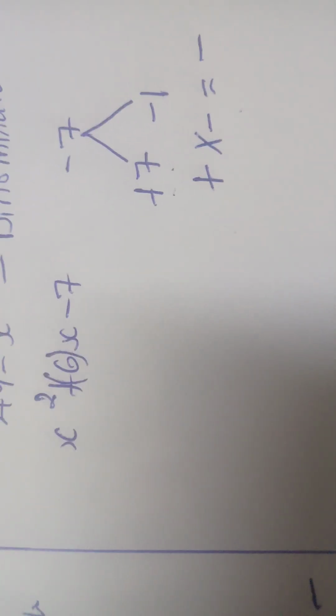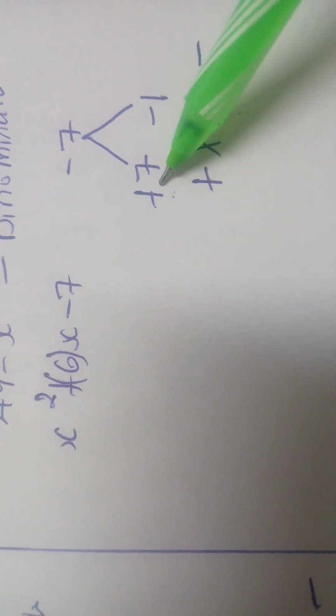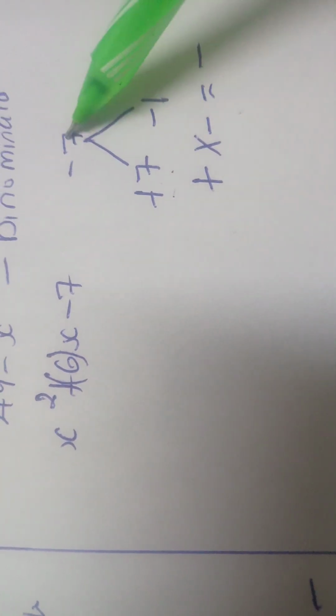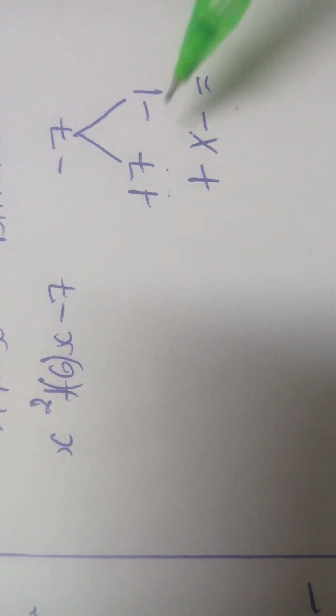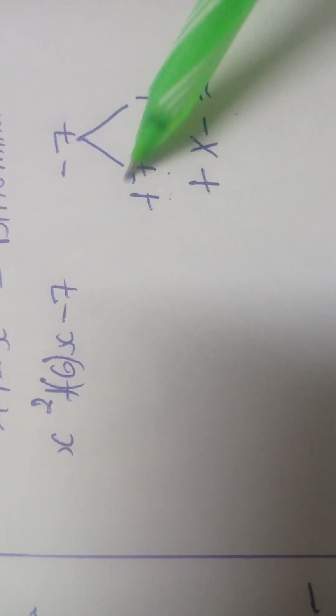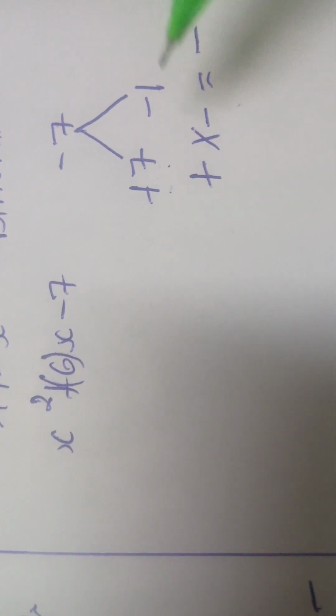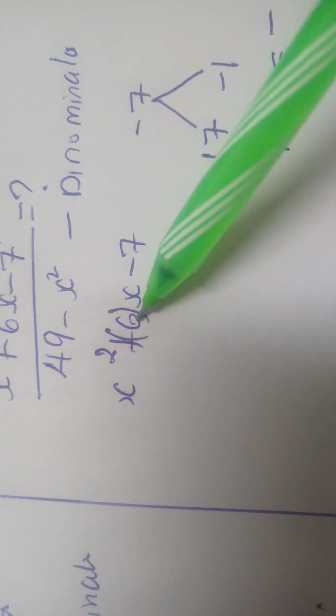So in this scenario we are okay, because +7 times -1 gives -7. And +7 and -1 added is just like 7 minus 1, which leads you back to 6.